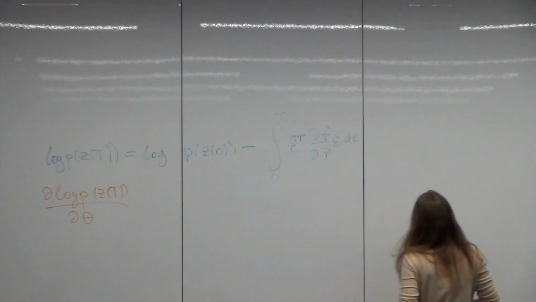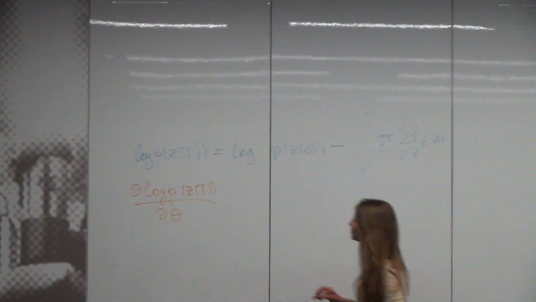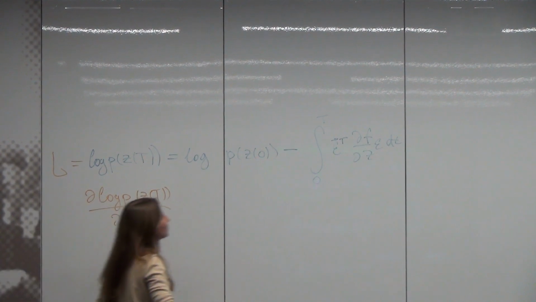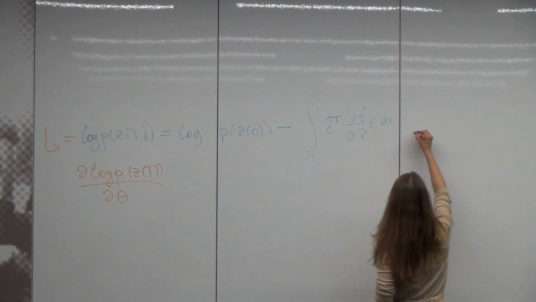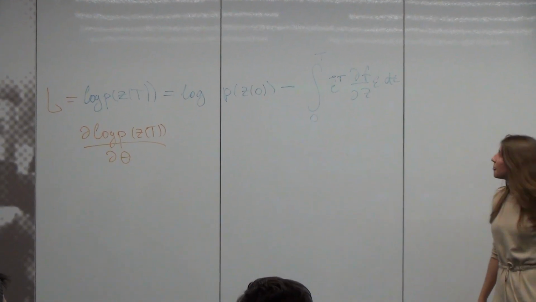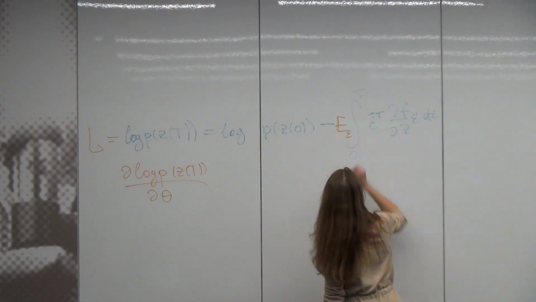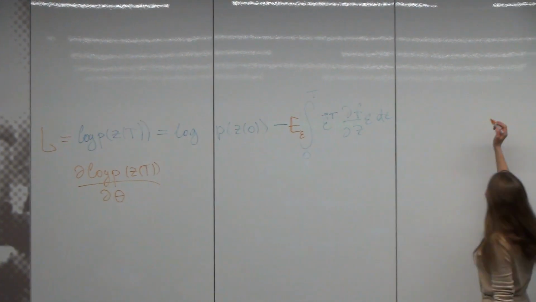We have our adjoint system. You forgot the expectation. Okay. Just fix one epsilon. No problem. Okay.